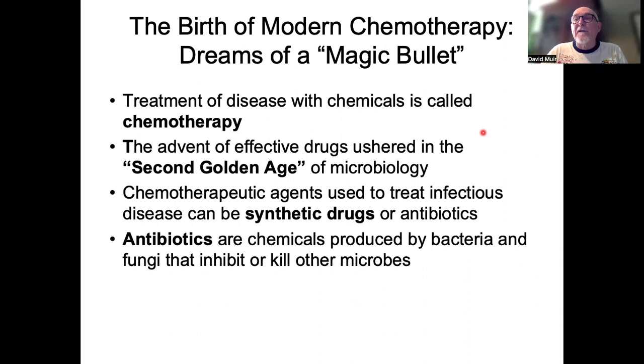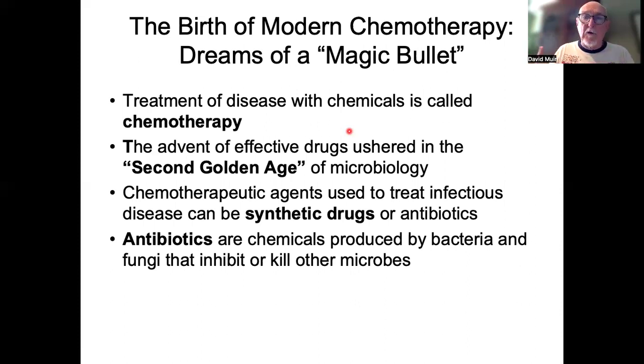But the search began for really effective means to combat disease. And that is the science of chemotherapy. And its advance led to what's called the second golden age. The first golden age of microbiology was all of that tremendous exploration by scientists like Pasteur and Koch.